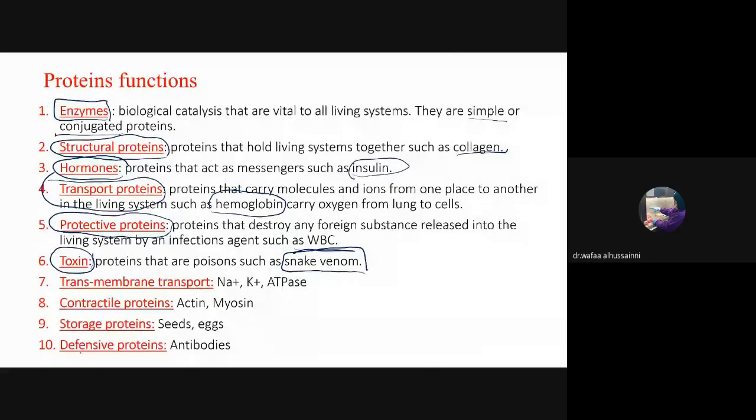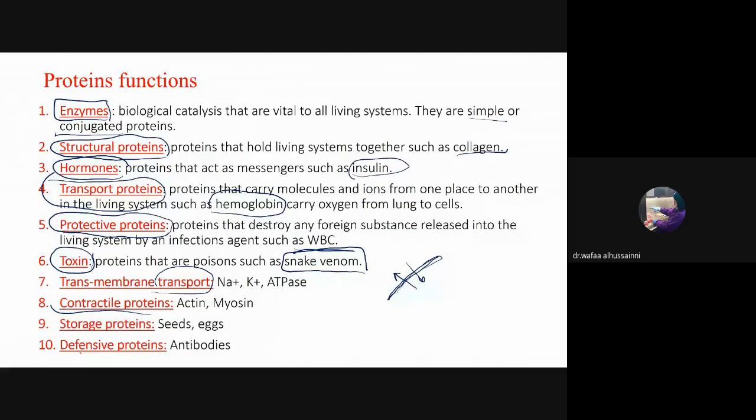Transmembrane proteins, transmembrane transport. So many proteins work as transporters in and out of the cell. تعرفون انتم الخلية بها جدار خلية، and the cell wall has some proteins which enable the transfer of sodium, potassium, ATP in and out of the cells. Contractile proteins such as actin and myosin.